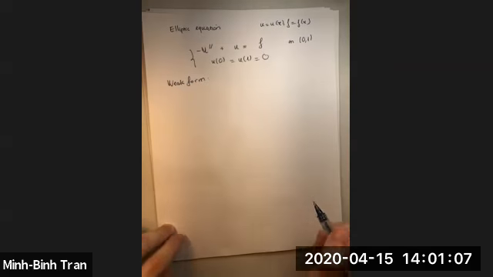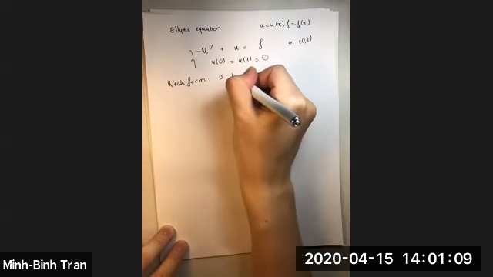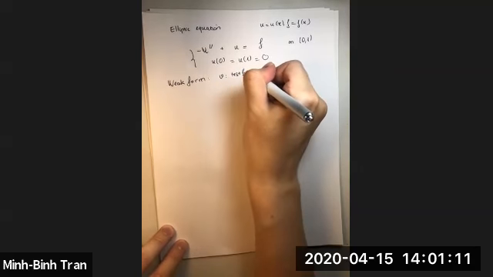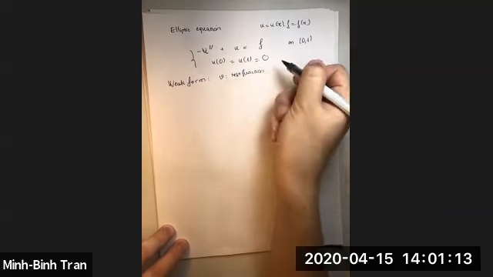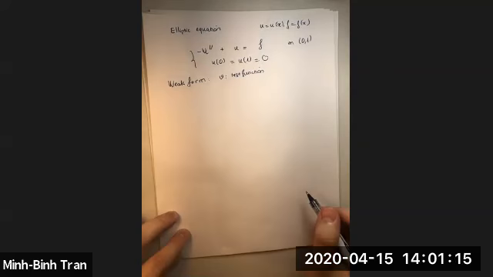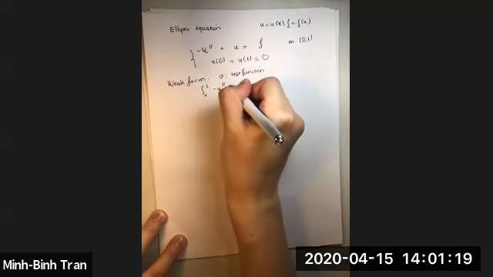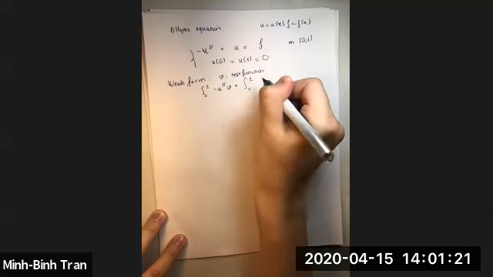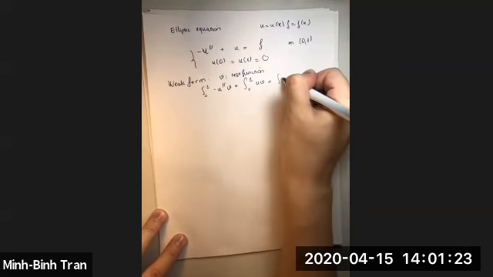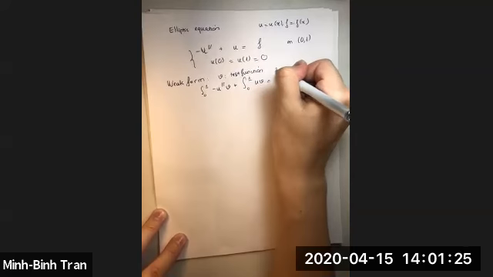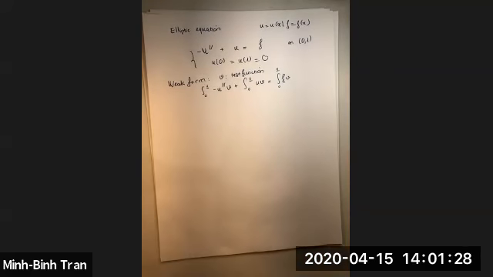So v will be a test function, and then you multiply v to this equation, you integrate, and you get this. So this is going to be our weak form.